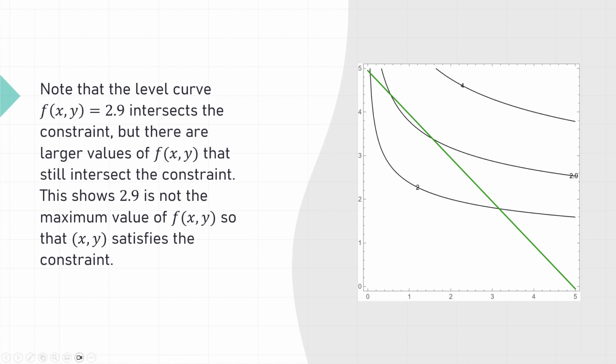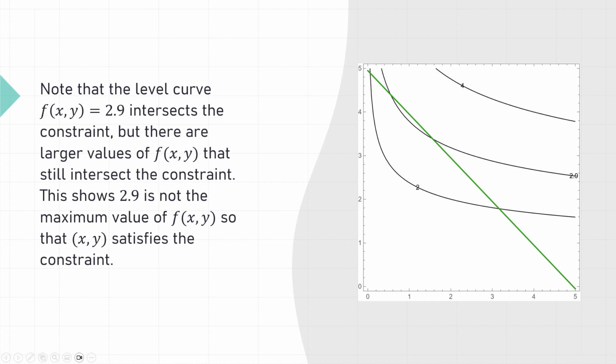Similarly, you have a point here where my function has a value of 2 and is on the constraint. But if we go up here to 4, there are no values where my function is 4 and satisfies the constraint. So my true maximum value has to be somewhere between 2.9 and 4, because I can't get 4 at all, and I get 2.9 twice.